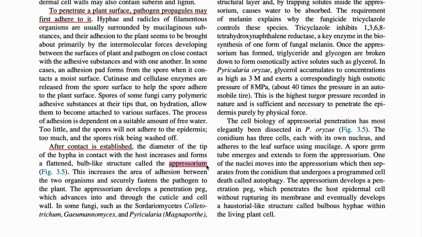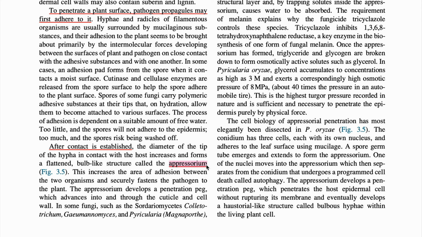Now, the appressorium will then develop into a penetration peg, okay, which advances into and through the cuticle and cell wall. Here some examples are given like Botryosphaeria, Colletotrichum, Gaeumannomyces, Pyricularia, Magnaporthe.